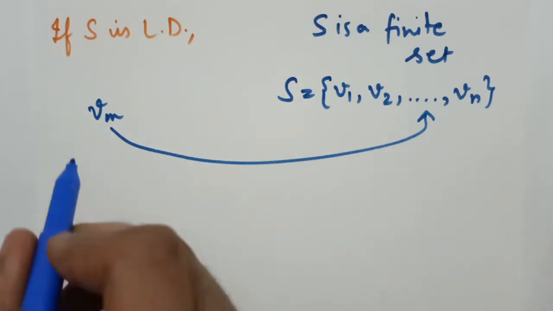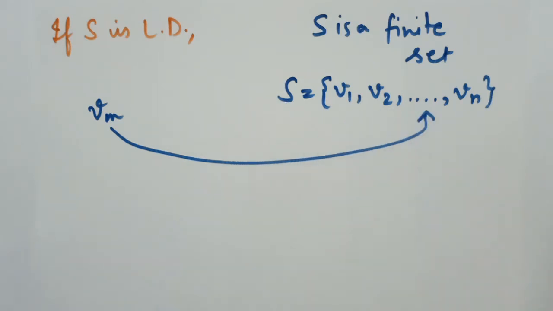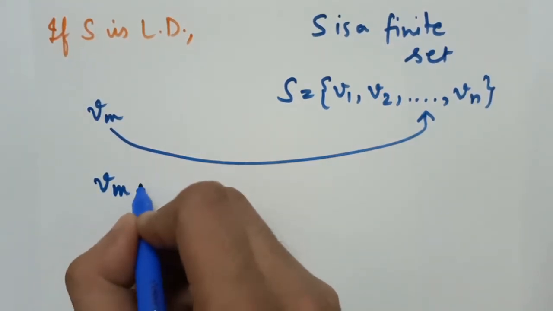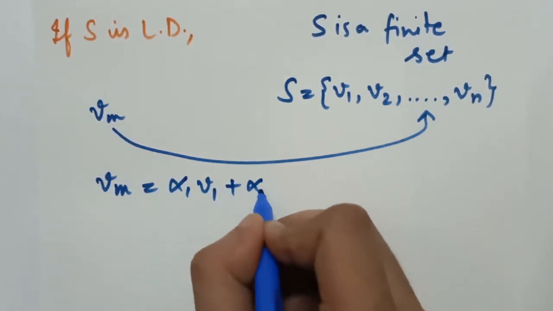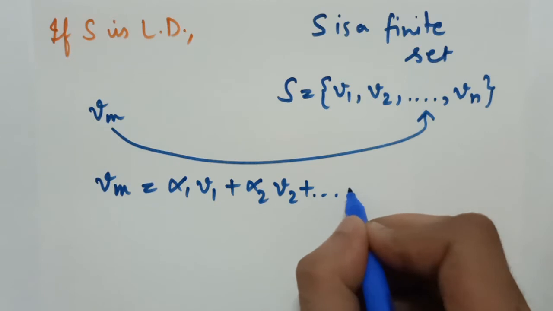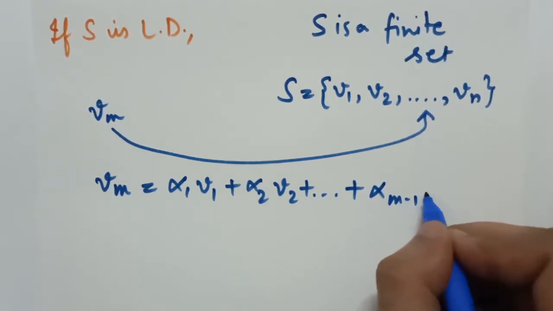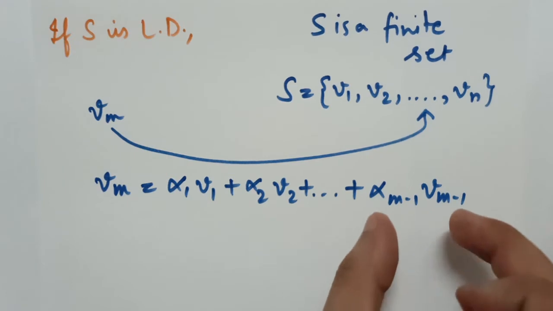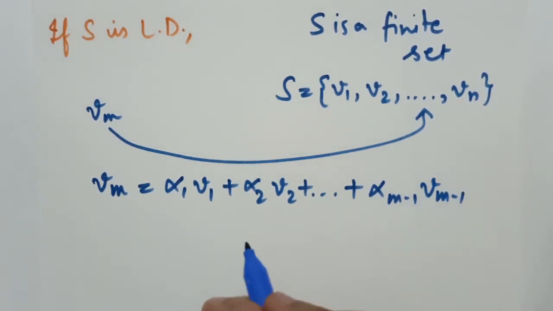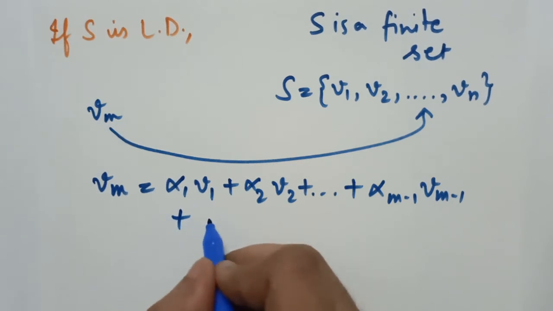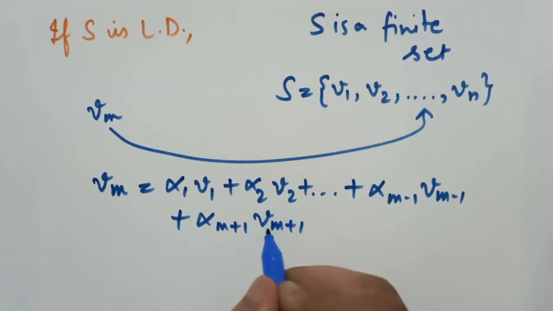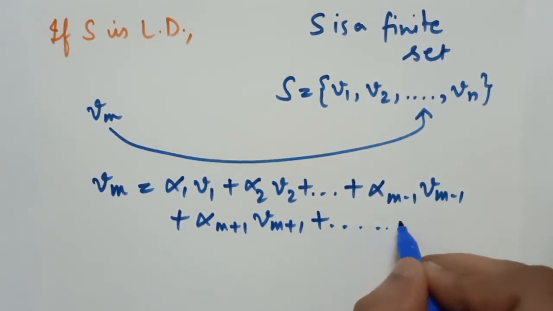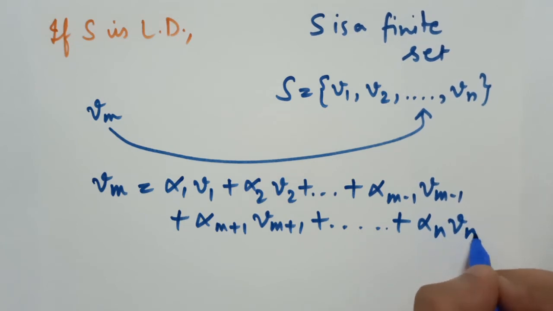So now, if Vm is a linear combination of the other elements of the subset S, let us consider Vm equal to alpha 1 V1 plus alpha 2 V2 plus up to alpha m minus 1 Vm minus 1, the element which is before Vm, and then plus alpha m plus 1 Vm plus 1, the element which is after Vm, and then up to alpha n Vn.